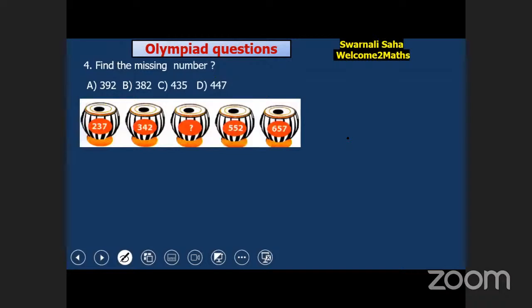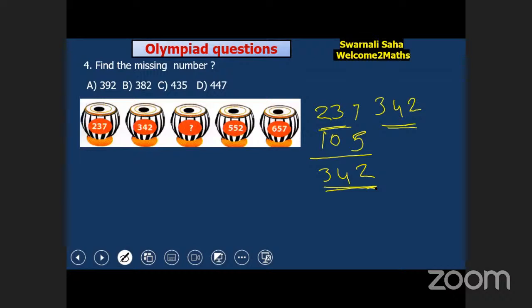You see, here is 237 and then we have 342. So how can we get 342 after 237? Whenever you add 105 with 237, you will get 342. Fine. That means 237 plus 105 is 342. So we have to check the same thing with the next numbers.